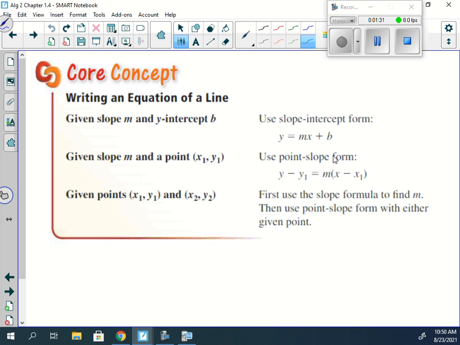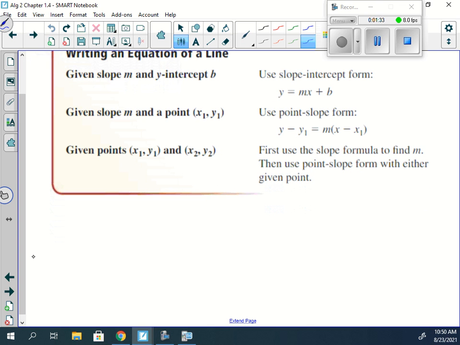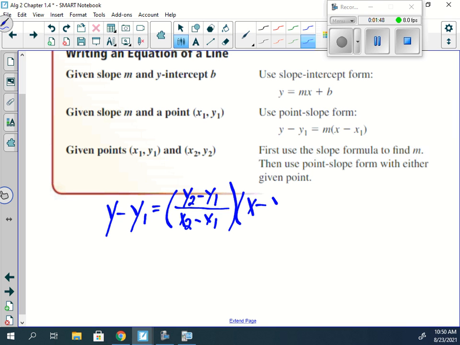Now, the last one, given two points, first use the slope formula to find m and then use point-slope. Some books write down what this would be, y2 minus y1 over x2 minus x1 times x minus x1.